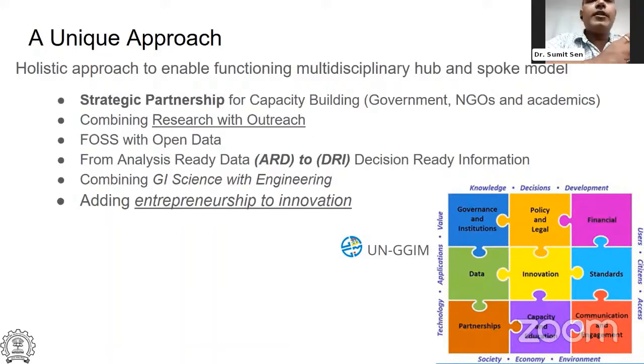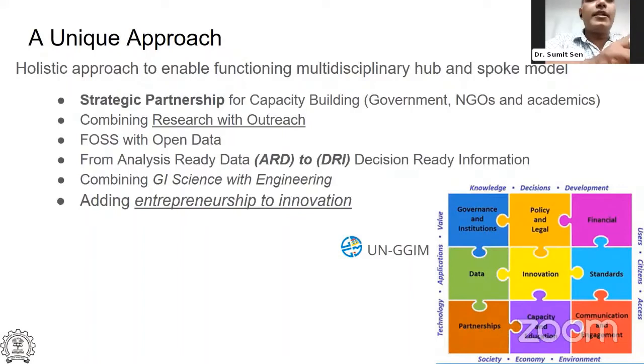The hub and spoke is also within the institution of IIT Bombay, where the hub will facilitate multiple projects in geospatial technology, and also across institutions outside IIT, to facilitate such research in collaborative mode. We are also looking at developing strategic partnerships for capacity building while we do such projects, and combining research with outreach.